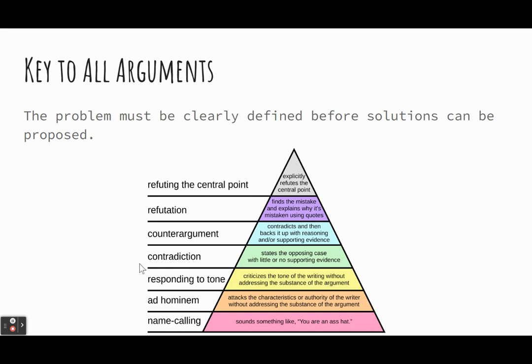We're not even at the point of contradiction where we're saying, yes, it is, no, it isn't. We're back to name calling and attacking the person, and we're a long way from addressing the substance. If we can't define something, we're not creating a situation where a solution can be proposed.